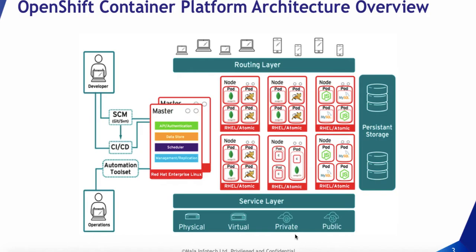The architecture is based on Red Hat Enterprise Linux on the upper layer, where the routing layer holds all the traffic coming in and going out, which is like the main front area of the OpenShift container platform, an application front. In the lower layer we can see the service layer, which is based on physical, virtual, private and public cloud systems.